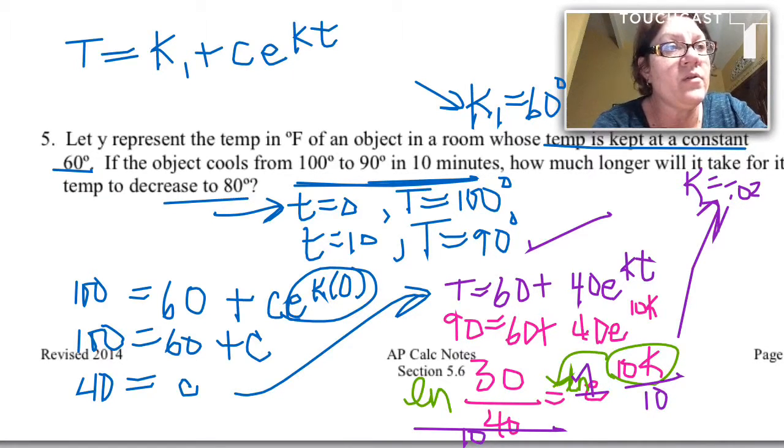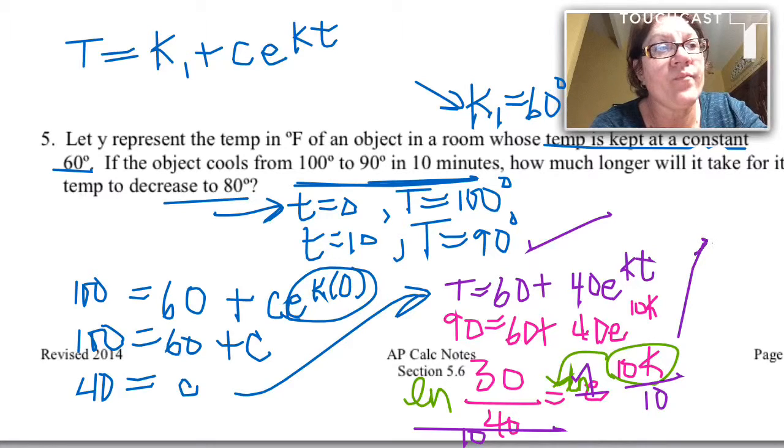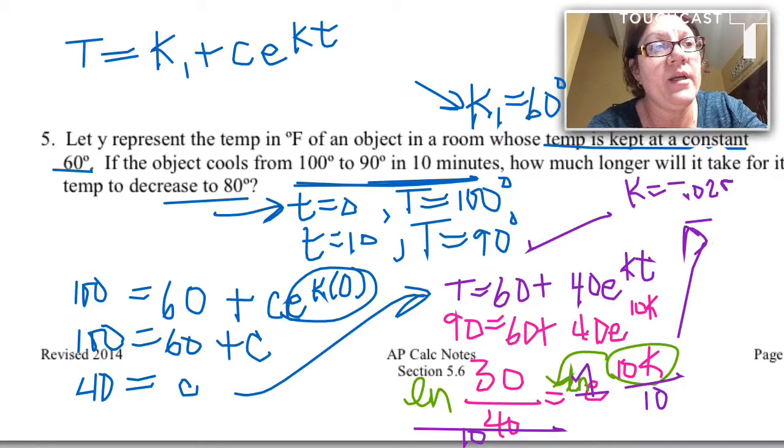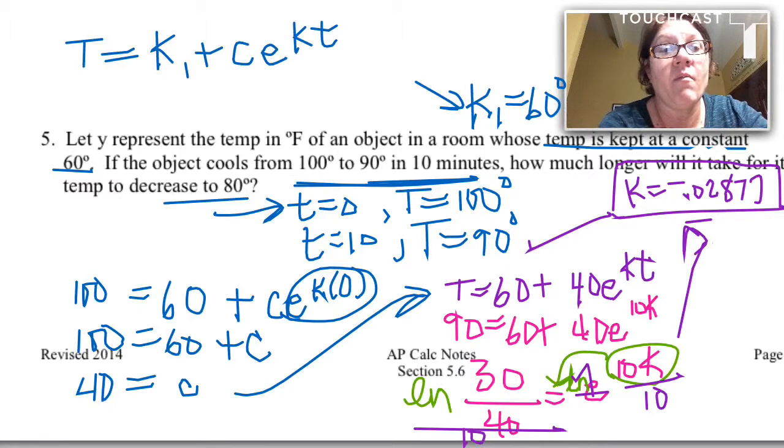Oops, I'll erase this and squeeze it back over. Come on. So k equals, I get negative 0.02877, which would make sense because it is cooling.